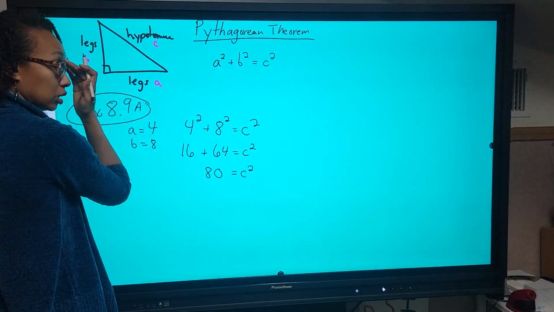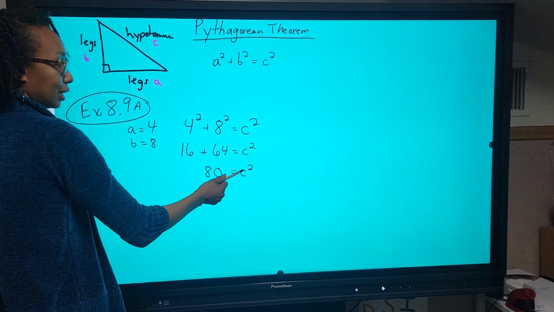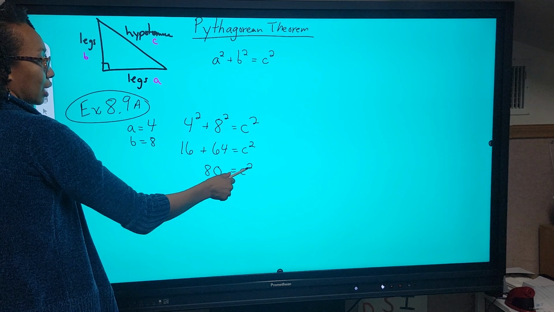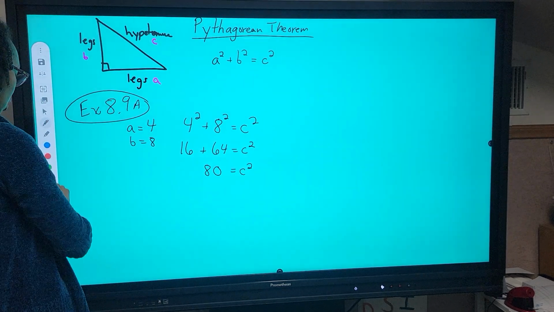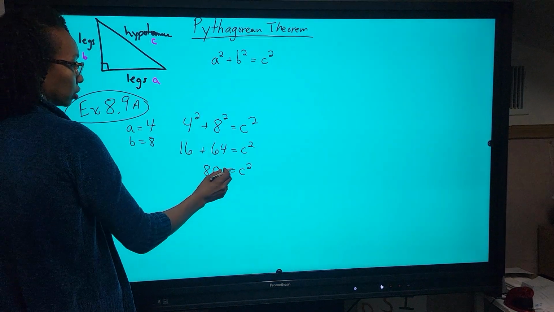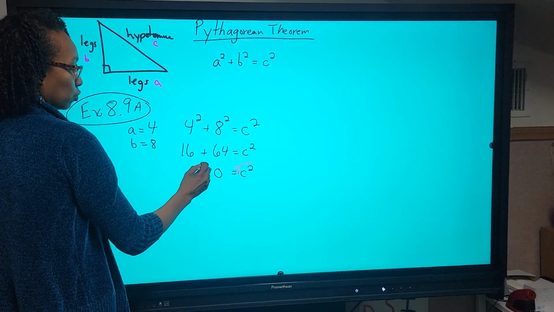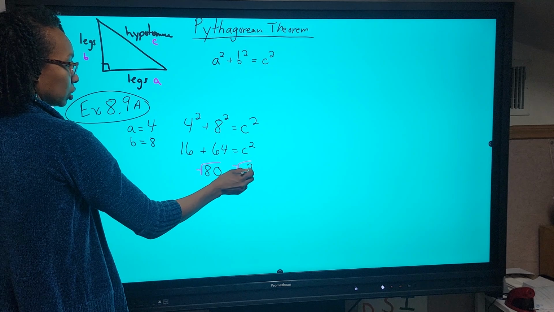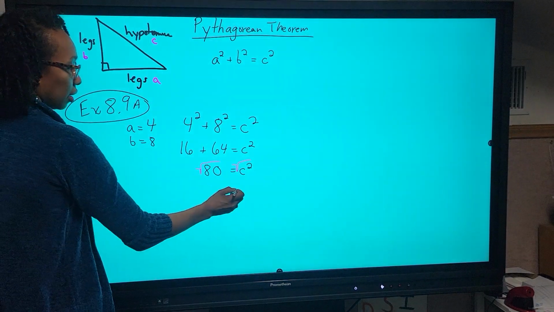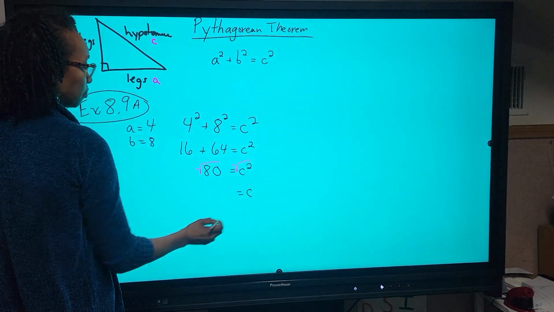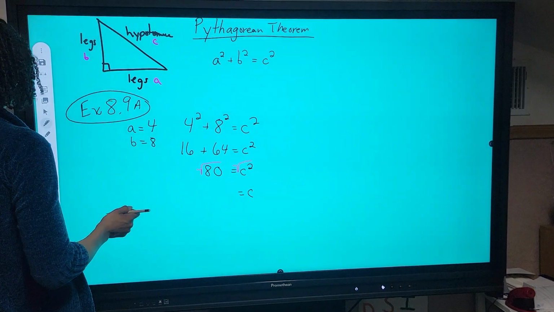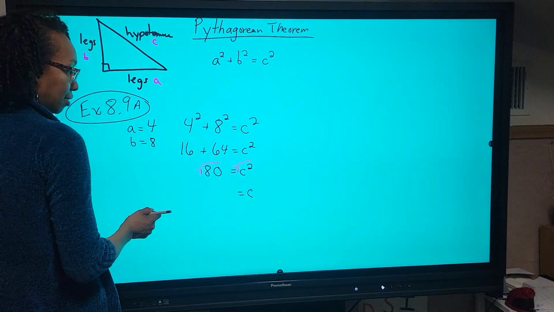Now, our goal is to solve for C. C squared is not enough. We've got to get rid of the square. We've learned that the opposite of our square is the square root. So we can take the square root of both sides, and it will cancel out with the square, and we'll be left with just C. Then the square root of 80, we can reduce that.